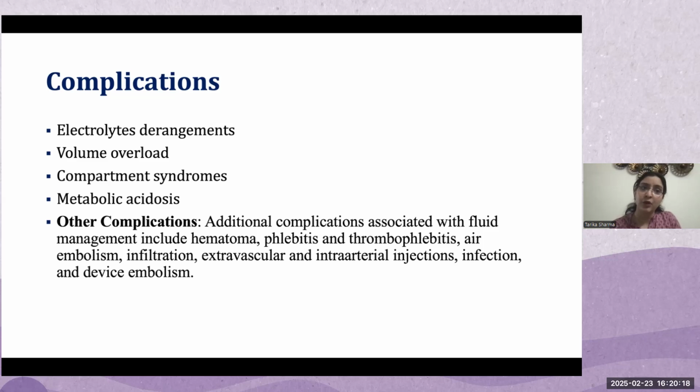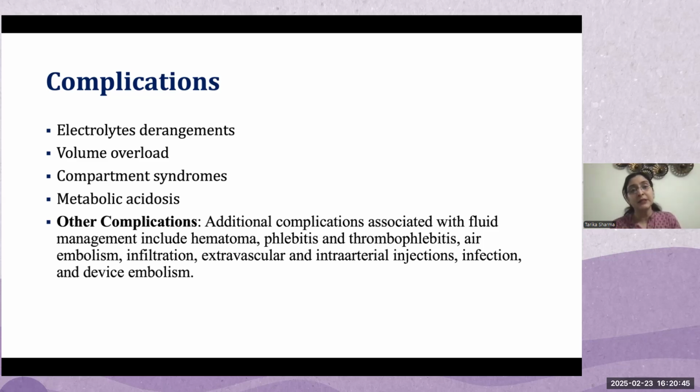Then another complication can be volume overload. What might happen if we are not maintaining the rate and the volume of the fluids is that the person might have excessive fluids inside the body, which might lead to volume overload, which might even be fatal, with cerebral edema or generalized anasarca and fluid overload.